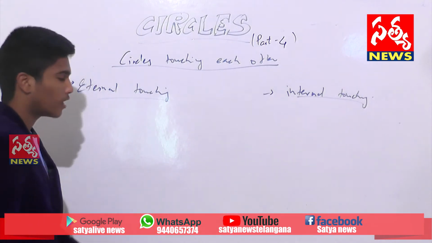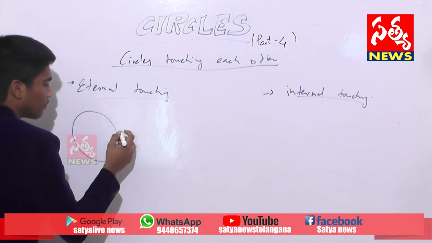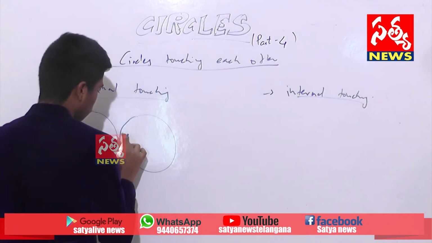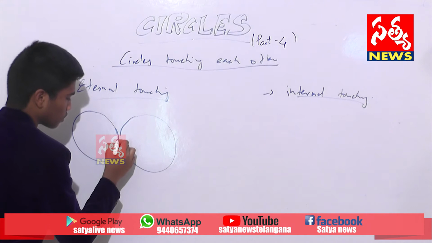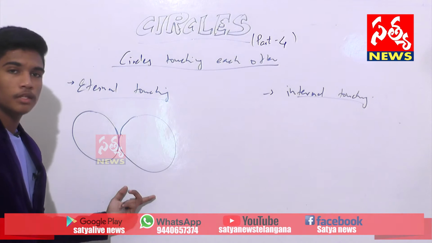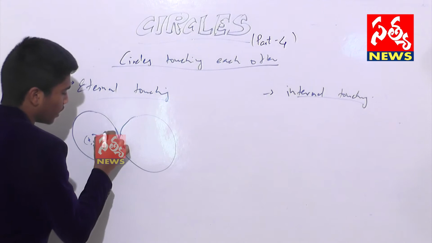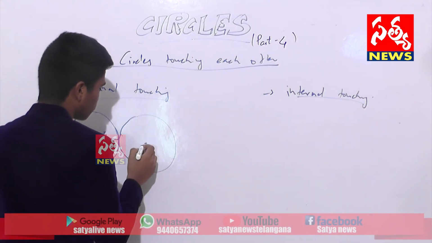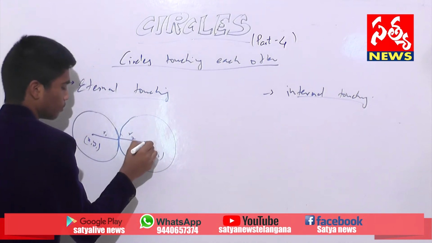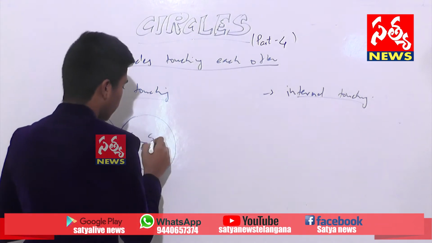Now the condition for external touching: let's imagine these are the circles, one with center x1 y1 and radius r1, and the other with center x2 y2 and radius r2. Let's mark the centers as c1 and c2.